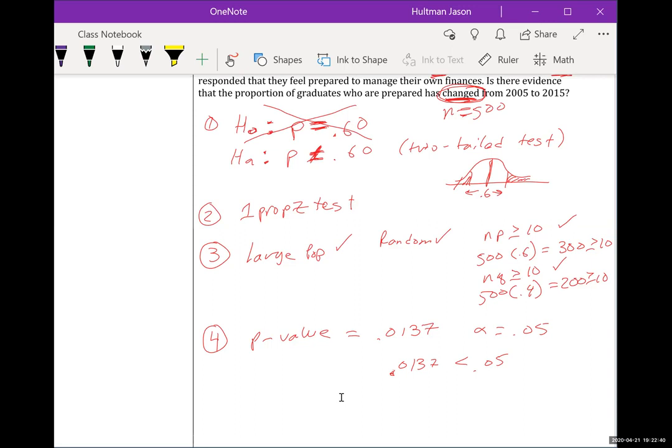We're going to accept the alternative that what? We're going to accept the alternative that it has changed.